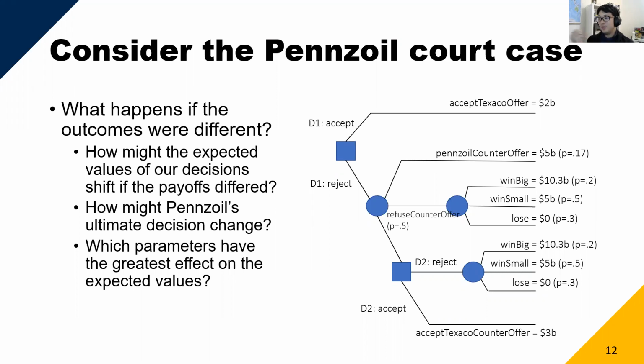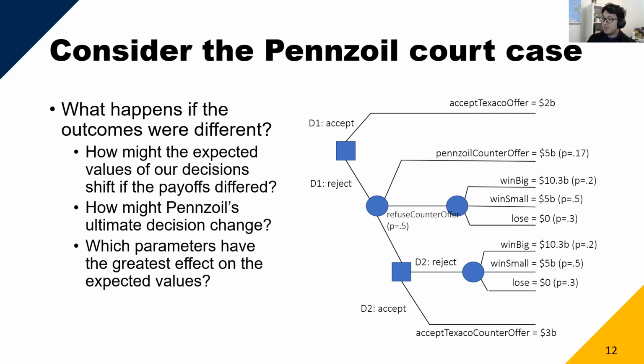And then if you reject it, there might be some probability of this new counteroffer, a probability that you go to court, and then some probability that they'll reject the counteroffer that you're making, in which case you can accept a new counteroffer or you can go to court, right?